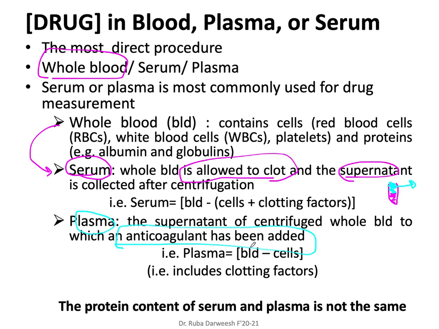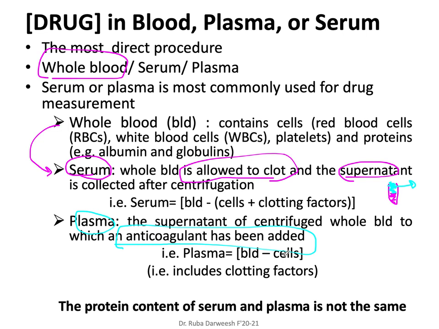So the plasma will be the whole blood without the cells, but the clotting factors are still there. So the only difference between serum and plasma is the content of the protein, including the clotting factors, and between whole blood and serum and plasma is related to whatever we lose as cells in the centrifugation process. Okay, so it's the protein content.